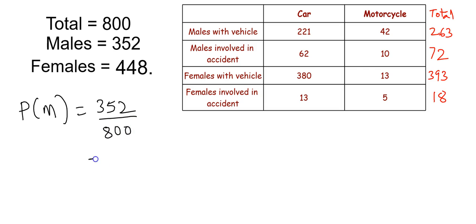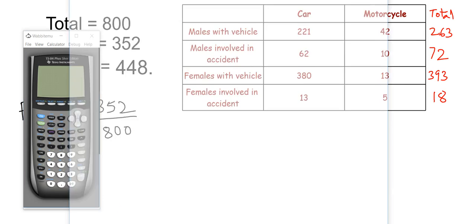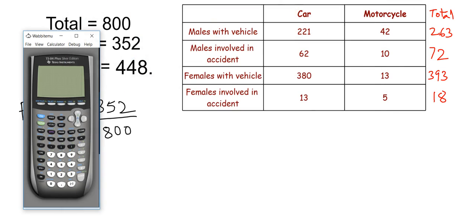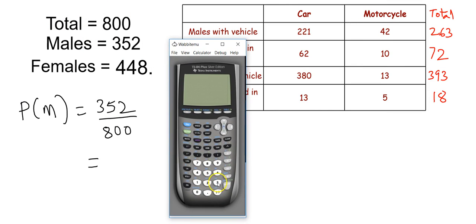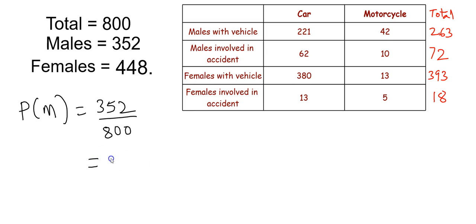That gives me how much? 352 divided by 800, that is 0.44.